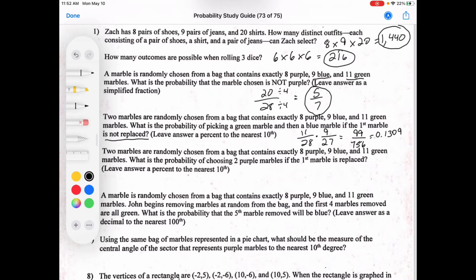Okay, and it says round to the nearest 10th of a percent. So to make a decimal percent, we're moving that decimal to the right 2 times. And so this will be 13.1%. Because this 9 is 5 or greater, we'll move that 0 up to a 1.